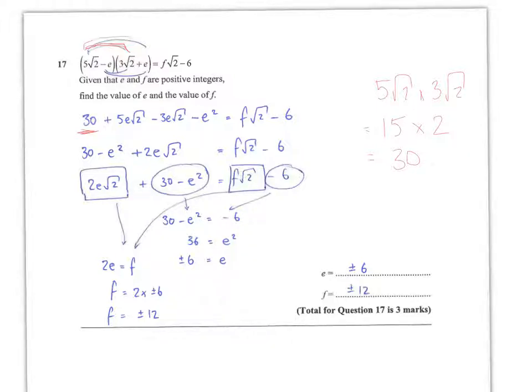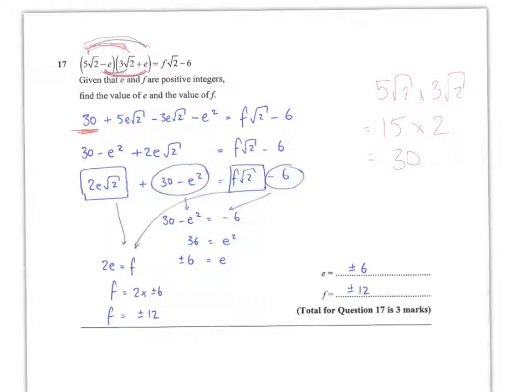5 root 2 times e, it leaves me with 5e root 2, minus e times 3 root 2, minus 3e root 2, and minus e times plus e, well, e times e is e squared, and we've got minus e times e, so minus e squared. I'm now going to combine my integer terms.